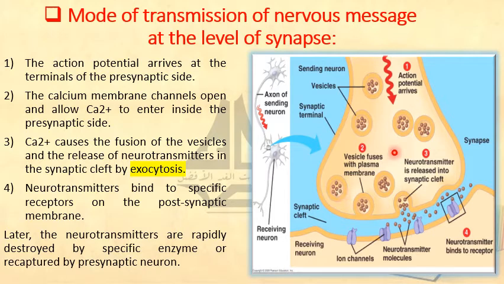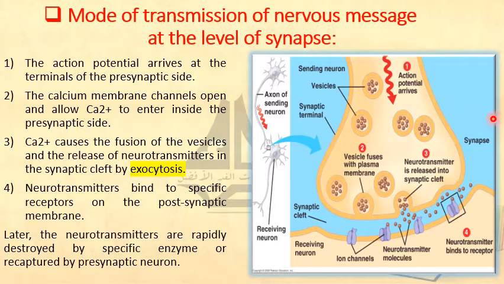When the nervous message reaches the end of the presynaptic neuron, when the action potential arrives at the end of the presynaptic neuron, we have calcium channels along the membrane of the presynaptic neuron.